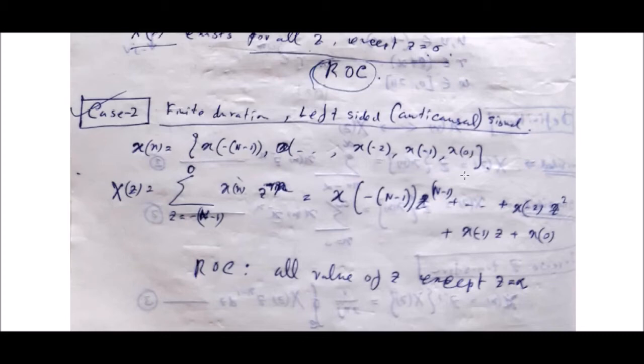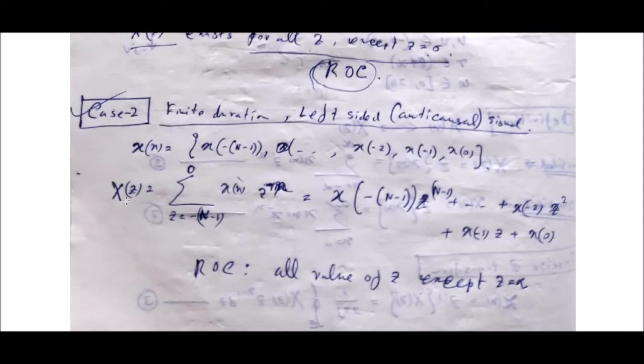See that it is the sample at n equal to 0, then the sample at n equal to minus 1, minus 2, minus 3, up to n equal to minus N minus 1. So N number of samples are there which are all in the left side of the amplitude axis. So it is the left sided signal, anti-causal signal, and finite duration because its length is N.